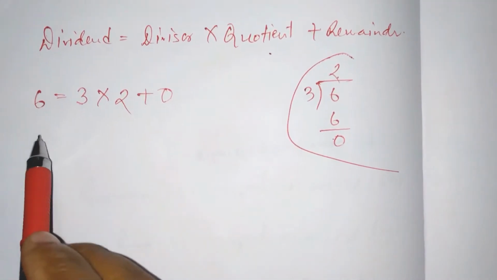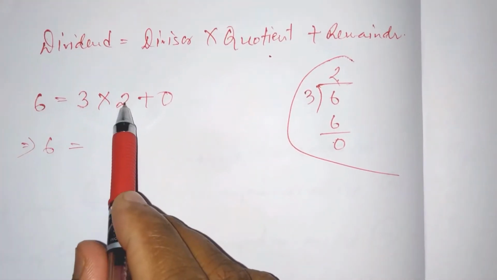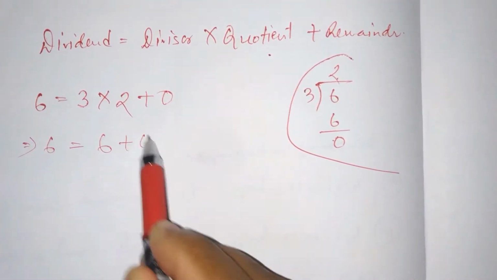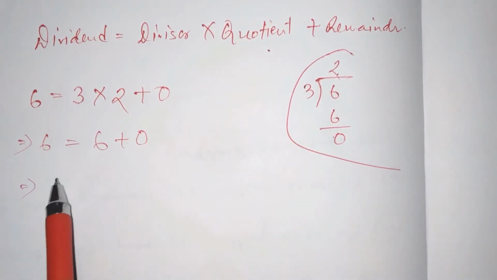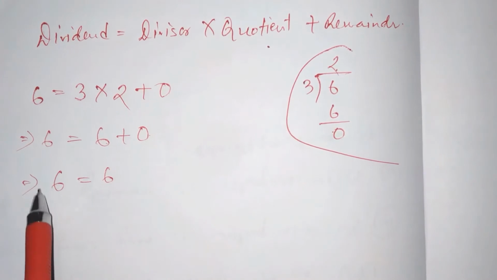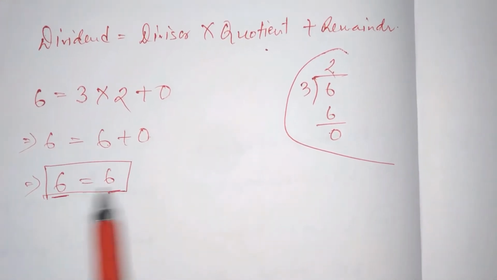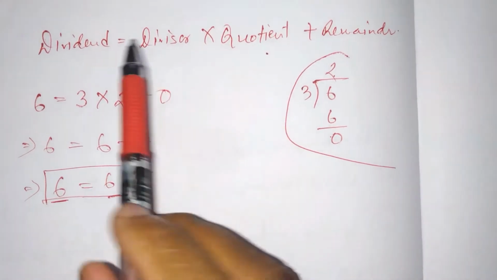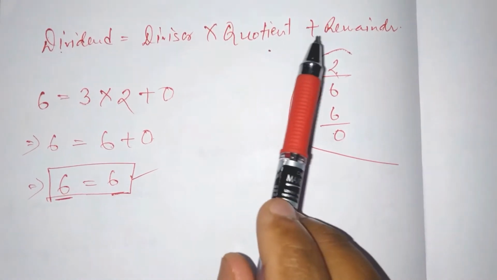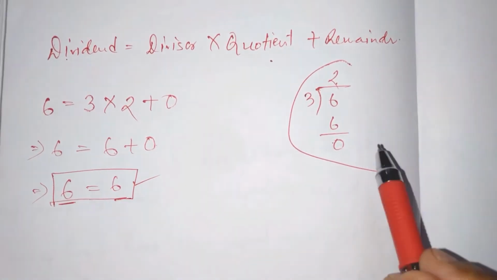So 6 is equal to 3 into 2, which is how much? 6, isn't it? Plus 0, and in the next line 6 equals 6 plus 0, which is 6 itself. That means the left hand side and the right hand side are both the same, so it is proved that the relation we have is correct. I hope you have understood, students.